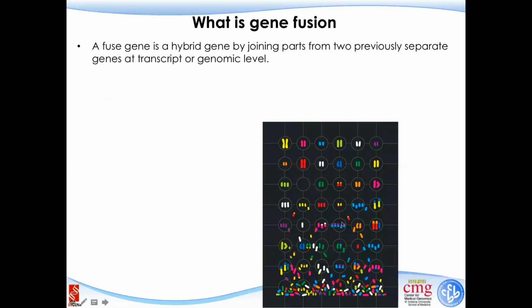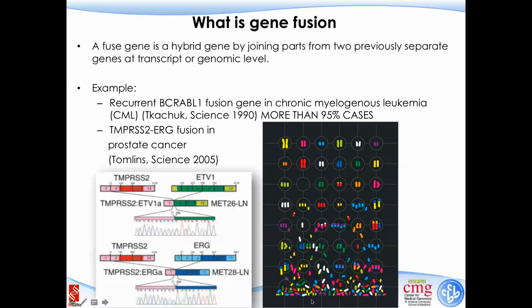Some of the chromosomes may be translocated to each other, and some genes will be fused through this process. One famous example is the BCR-ABL1 fusion gene in CML, chronic myeloid leukemia.